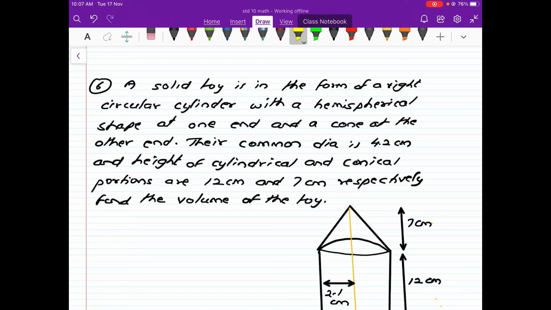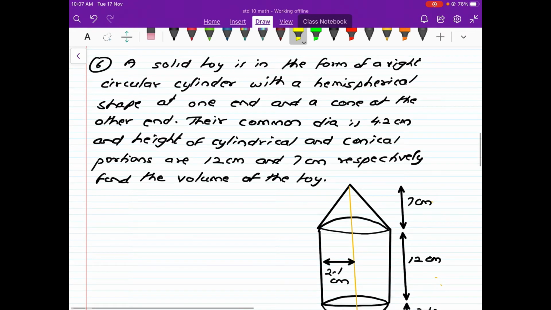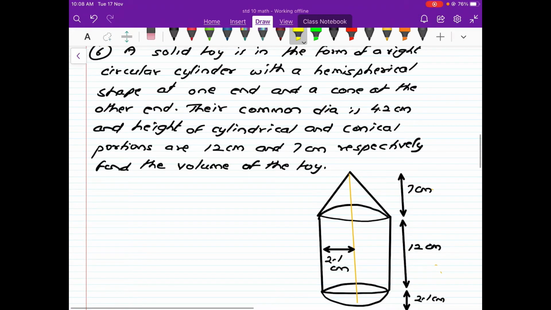Now we'll go for the sixth one. So the sixth one is like this. A solid toy is in the form of a right circular cylinder with a hemispherical shape at one end and a cone at the other end.